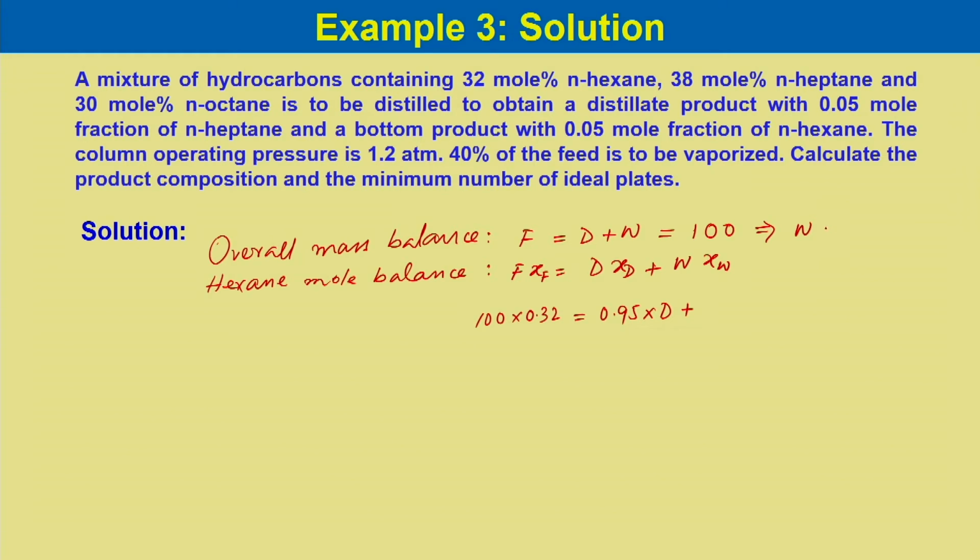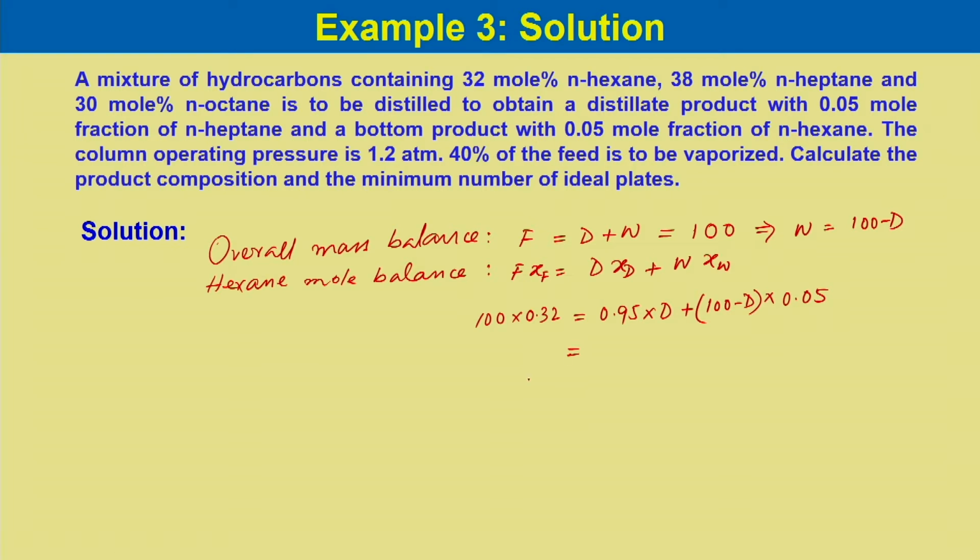From here we can write W is equal to 100 minus D. So, we can write 100 minus D into 0.05.